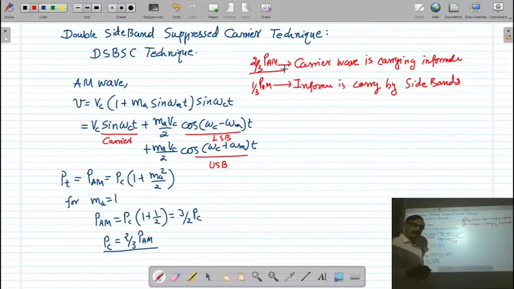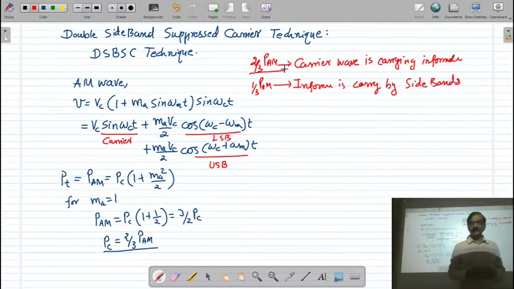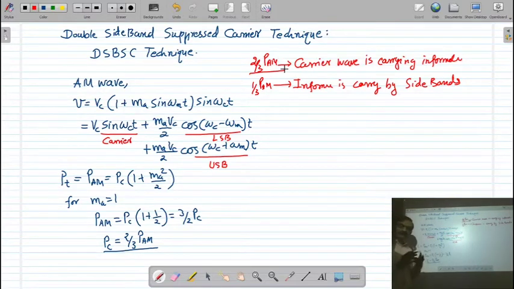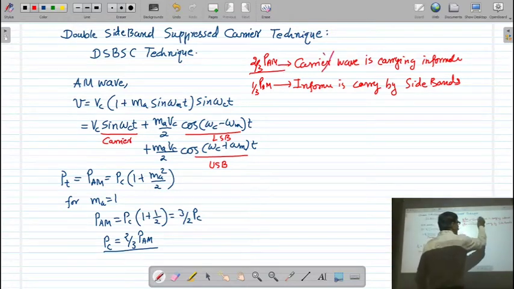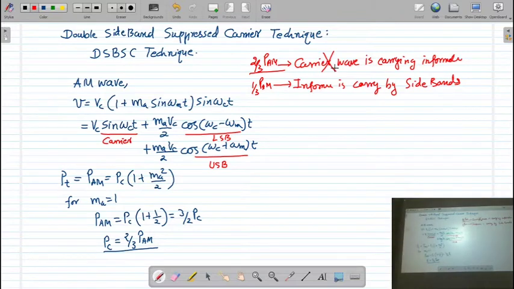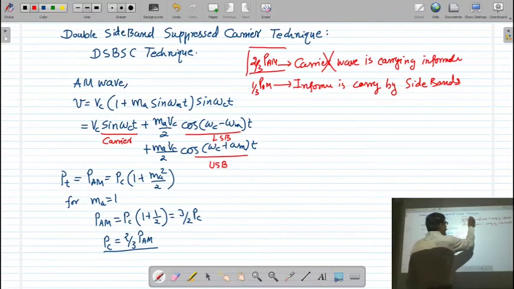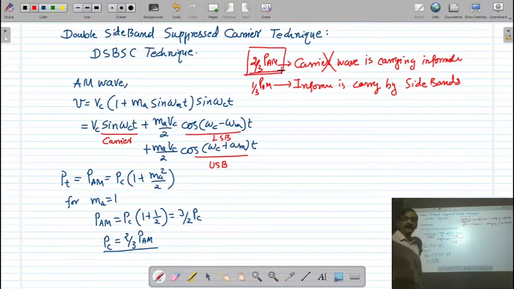The only useful power in amplitude modulation is 1/3 of the total power. So to save power for the transmission, if we suppress the carrier wave from the modulated wave, then we can save this much energy, which means 66% of the transmitting energy can be saved if the carrier is not transmitted.